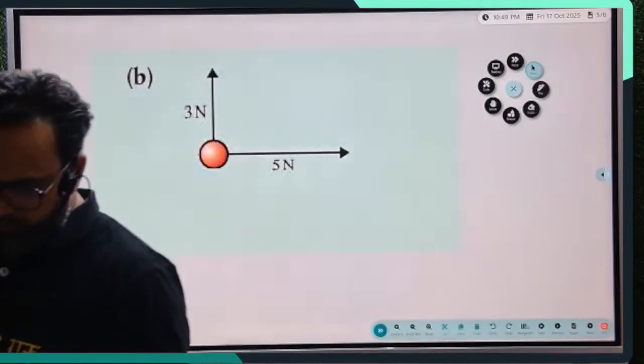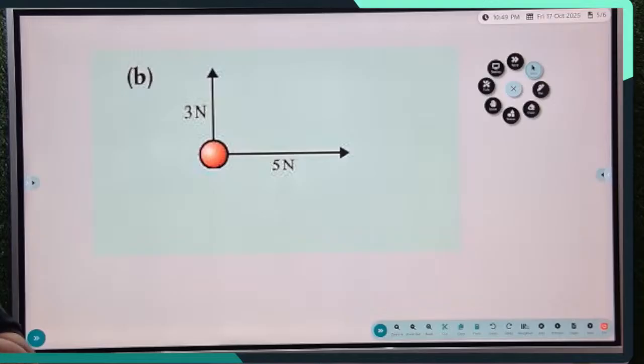The resultant force will be 5.83 Newton. Okay, fine. Next.